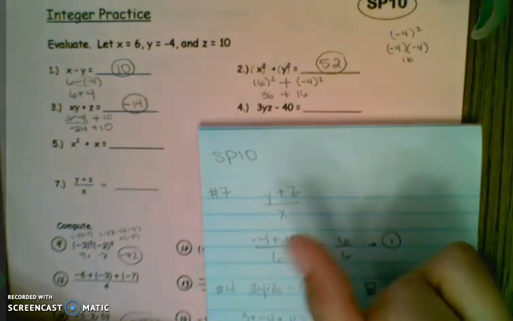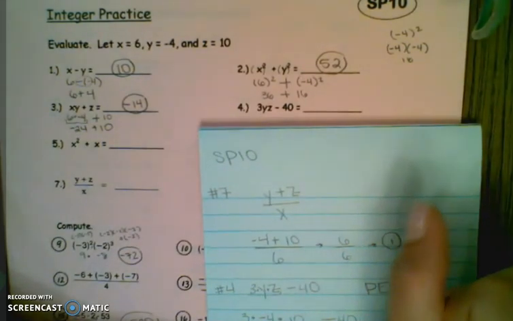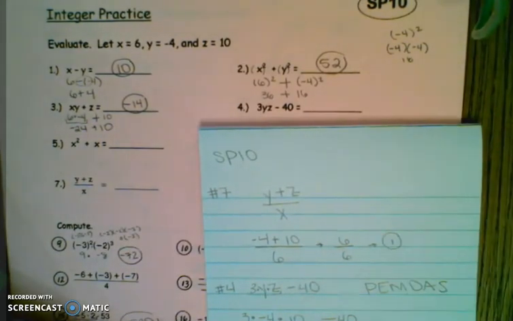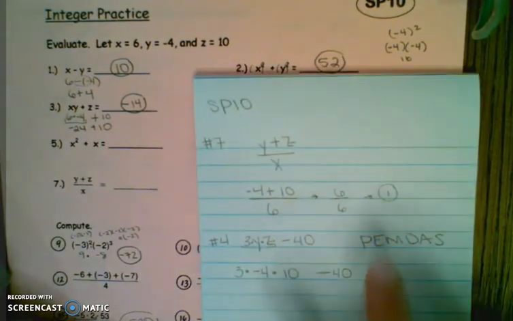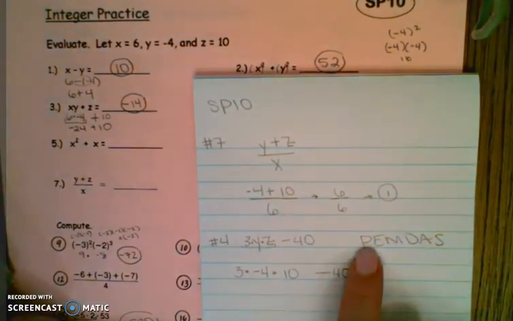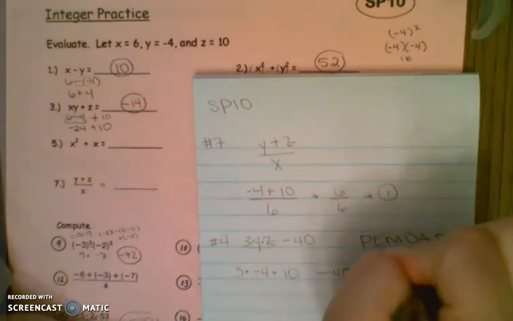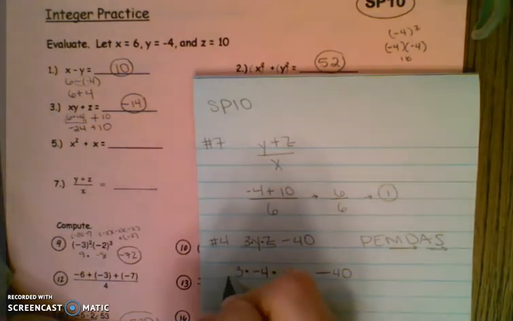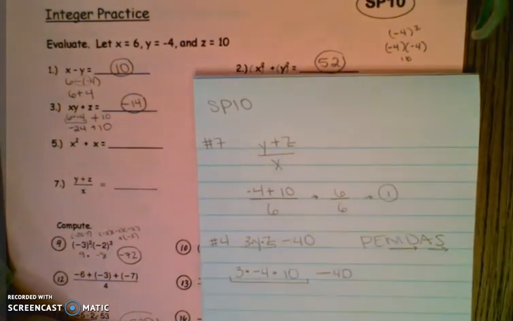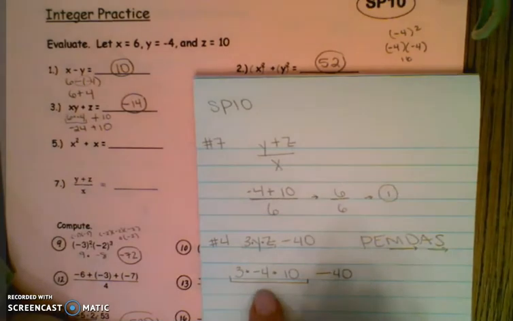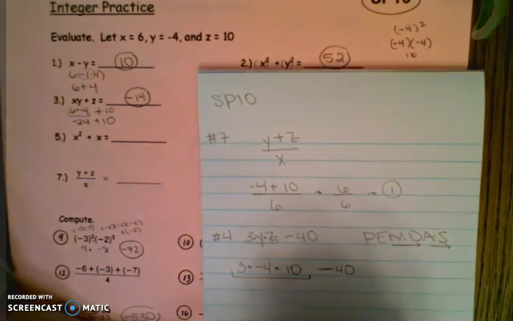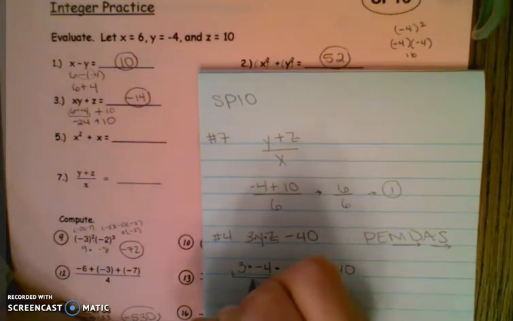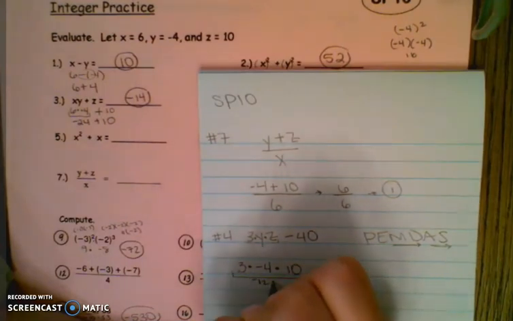Okay, so remember PEMDAS? Please excuse my dear Aunt Sally. Parentheses come first, exponents, multiply and divide. Remember, multiply and divide go together, and add, subtract go together. So here, all of this is being multiplied. So this is what we're doing first. If you want to, you can use a calculator, but you don't have to. 3 times -4 is -12 times 10.